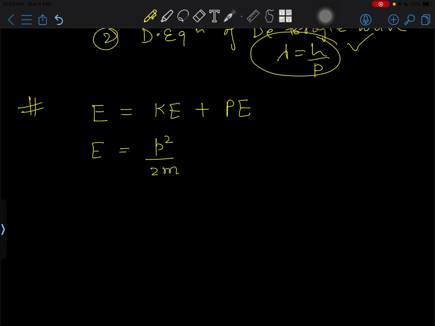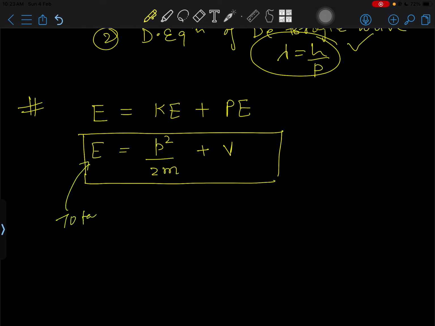In case you haven't, you can switch to the previous video on de Broglie wavelength. The potential energy can be written as capital V. So this relation denotes the total energy of the particle which is moving with a very high velocity.